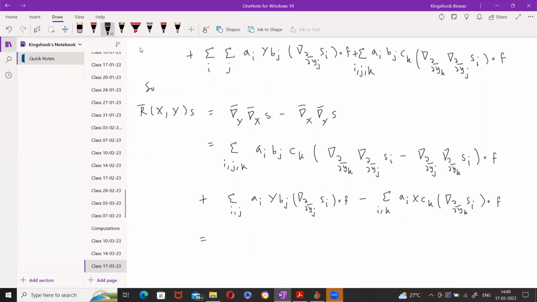So yeah, let me see. This part here, nabla del del yj, del del yk, nabla del del yj of si minus this, will be a curvature of si, right?